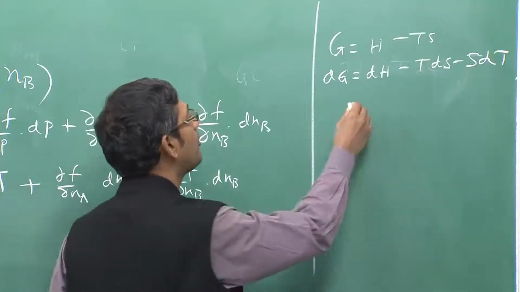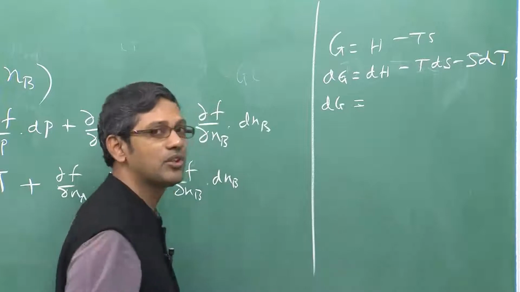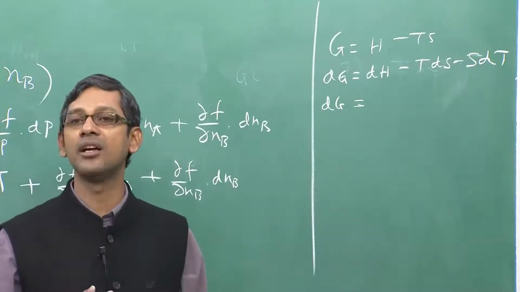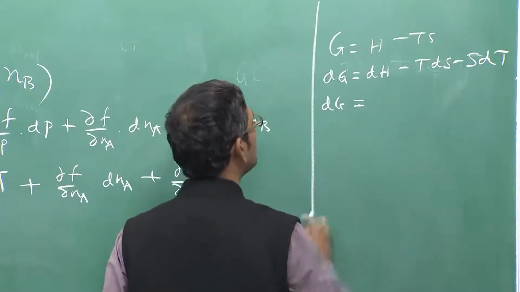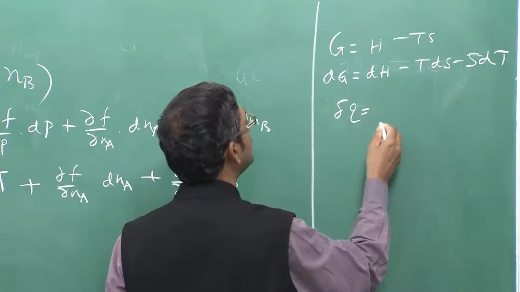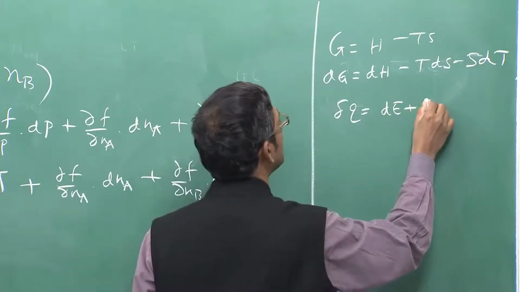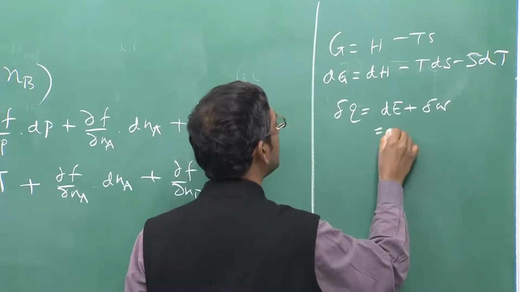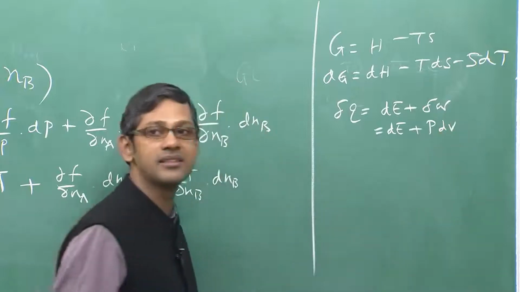So now I know from the first law of thermodynamics, what do I know? From the first law of thermodynamics I know the total energy is conserved. So that means I can write down from the first law, delta Q is equal to delta E plus delta W, which is nothing but delta E plus P dV for a gas system, right?